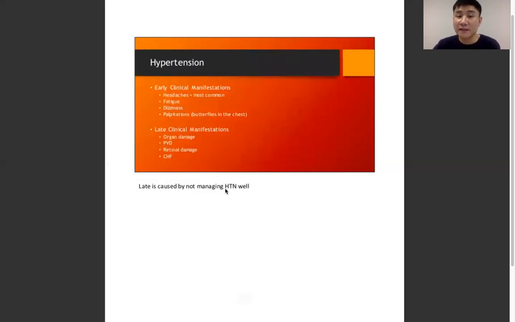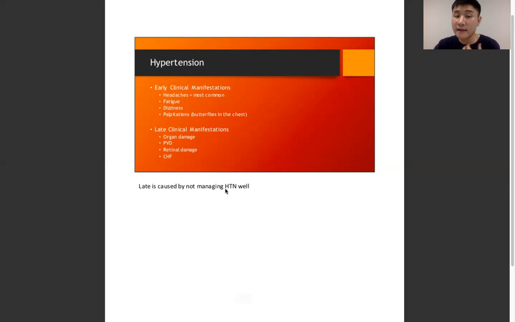Early manifestations of hypertension are headaches, because too much pressure reduces the perfusion to the brain and therefore causes headache. Fatigue, dizziness, palpitations, butterflies in the chest. That's the feeling that the patient might describe.